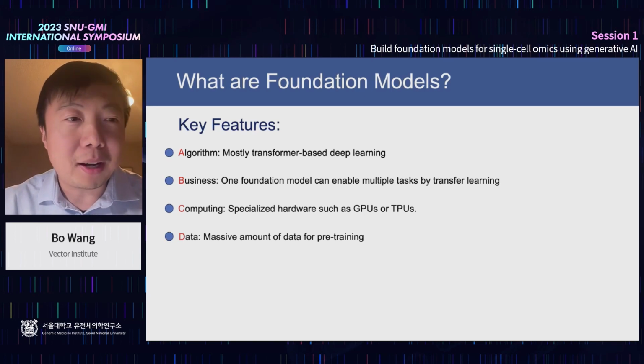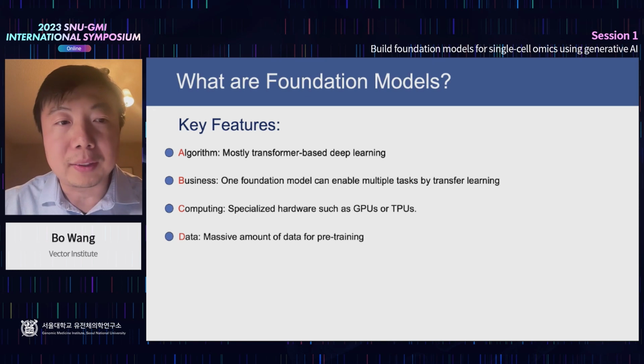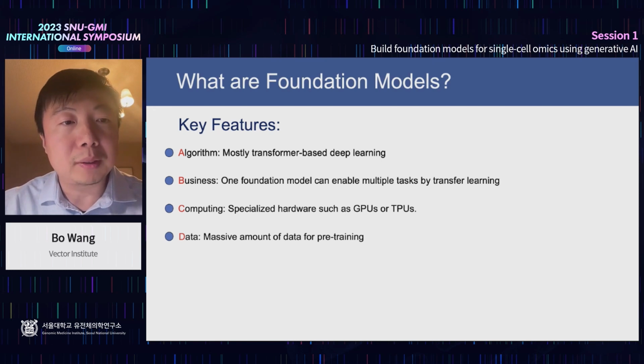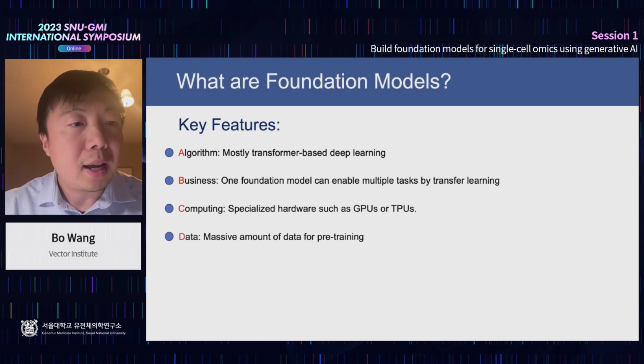I summarize some key features for building a good foundation model as A, B, C, D. A, algorithms. Most foundation models are built upon transformer-based deep learning architecture, which I will briefly talk about later. B, business or applications.